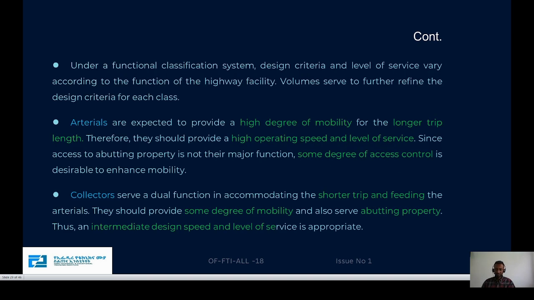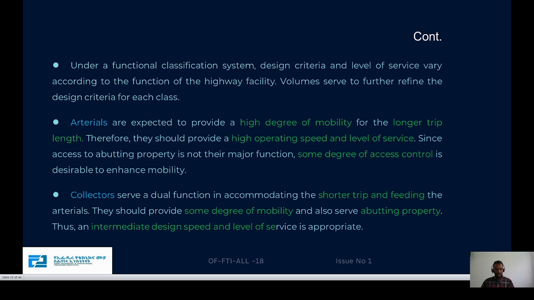Under a functional classification system, the design criteria and level of service vary according to the function of the highway facility. This one is very important. Any road will be designed based on the function of the highway facility.